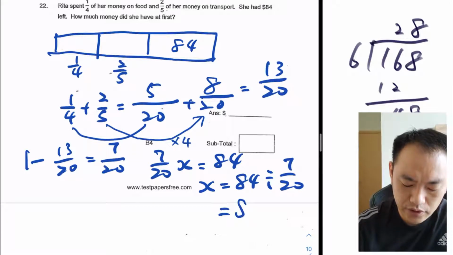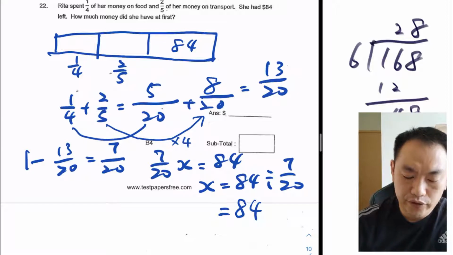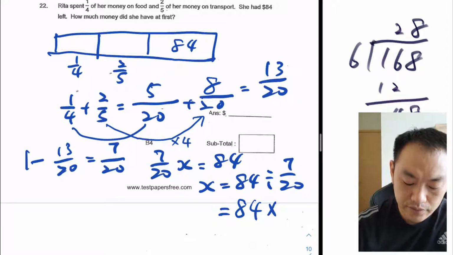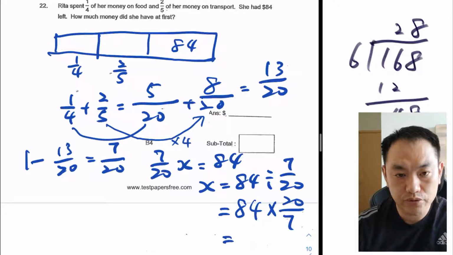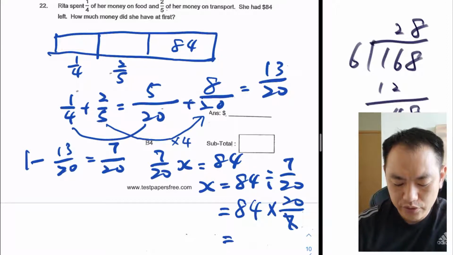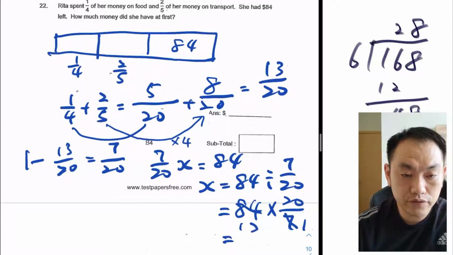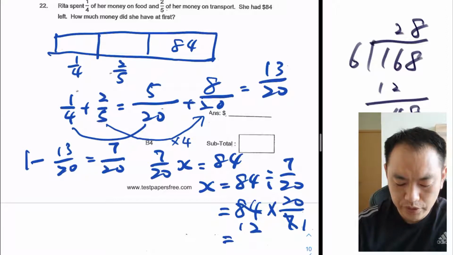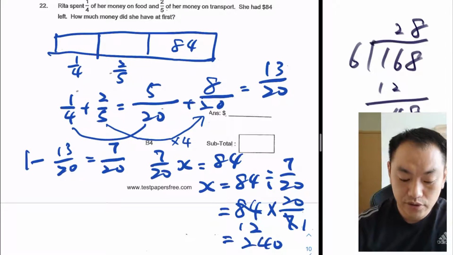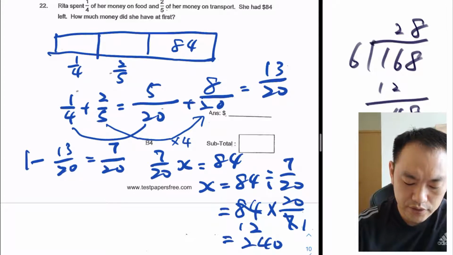You take the 84 in the front, you don't change it, you change divide into times, and then you flip the fraction. So 7 over 20 becomes 20 over 7, and the 7 and the 84 will be able to simplify each other. So you divide by 7 here, and you divide by 7 here, which will give you 12, and then 12 times 20 will become 240.